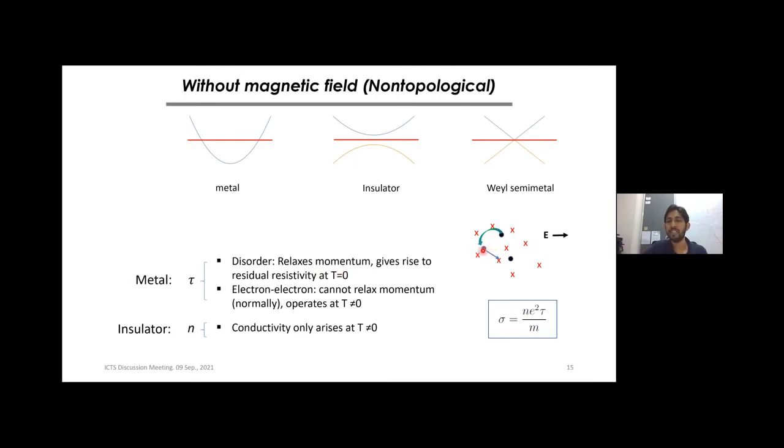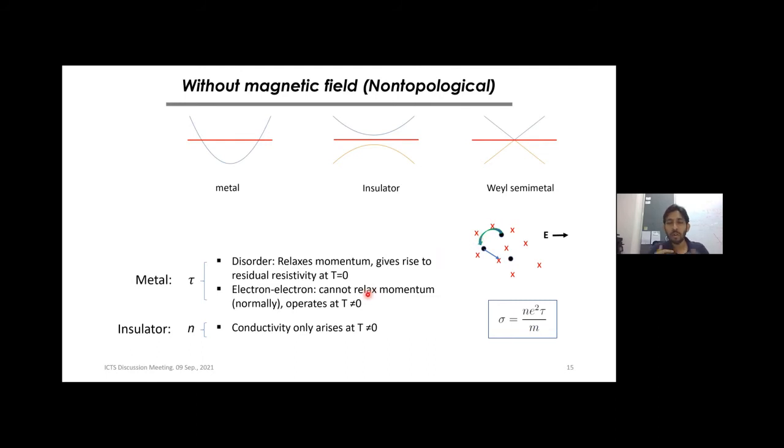As the electron is accelerated with E, these are the points where the electron hits and loses its momentum. So that is what gives rise to the steady state and gives rise to a residual resistivity at T equals 0. On top of that, I can also have electron-electron interaction, which is what I'm showing with a green arrow here, the interaction between the particles themselves.